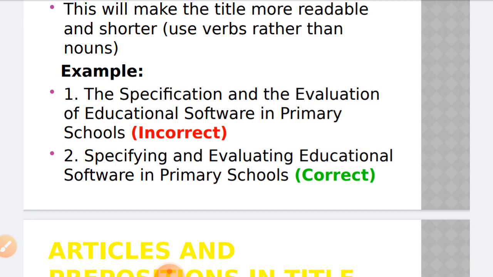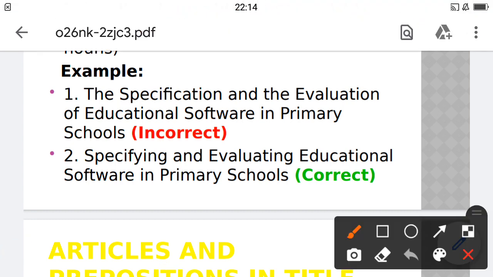That is a title of a research paper. The same thing written in a different manner: specifying and evaluating educational software in primary schools. This second title seems to be more appropriate as well as shorter.